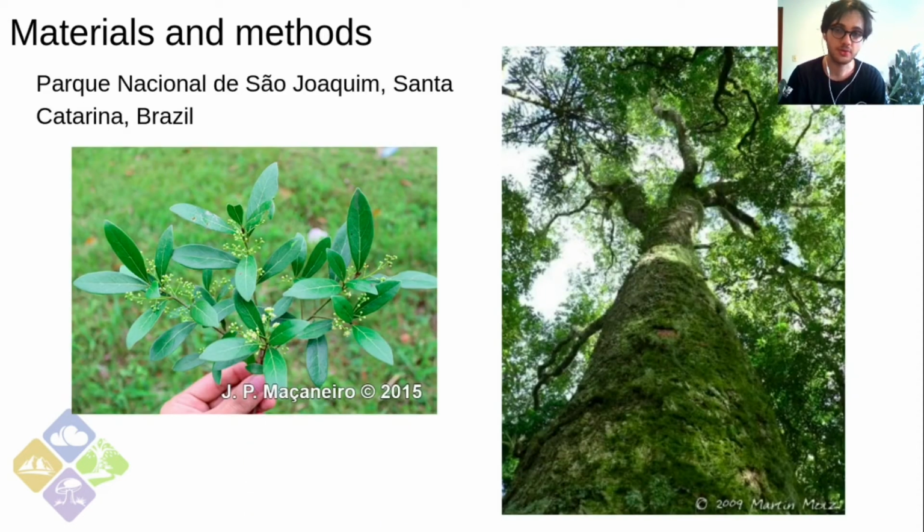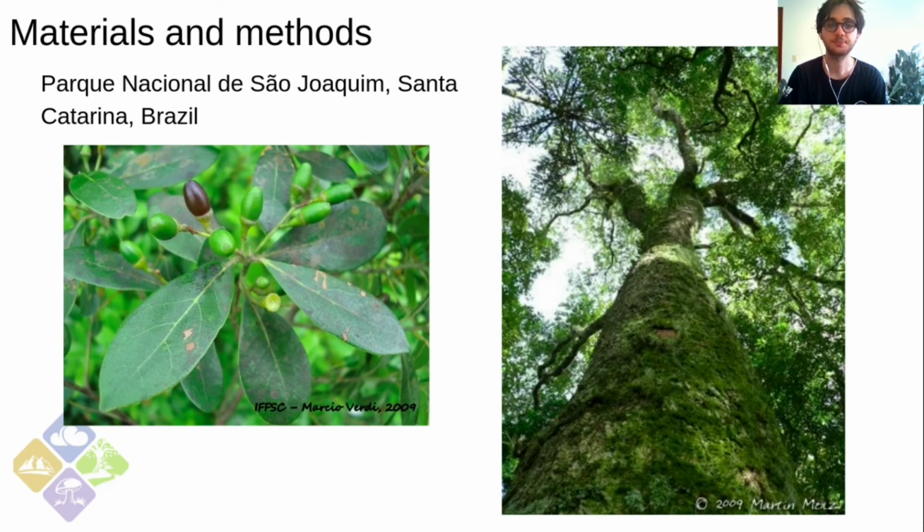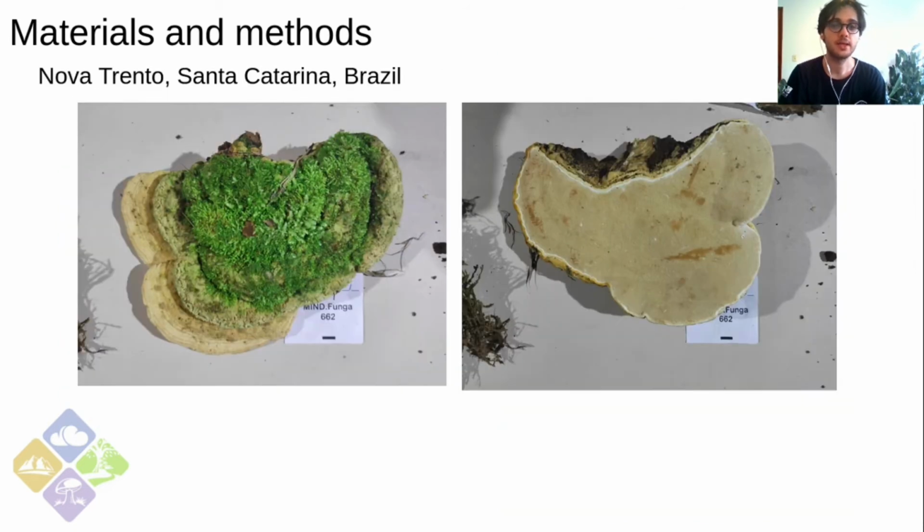These are some photos of Ocotea pulchella. Unfortunately, for the Nova Trento specimen we were not able to identify the host to species level because it was occurring on a dead trunk, but it was a dead trunk of an Ocotea species as well.